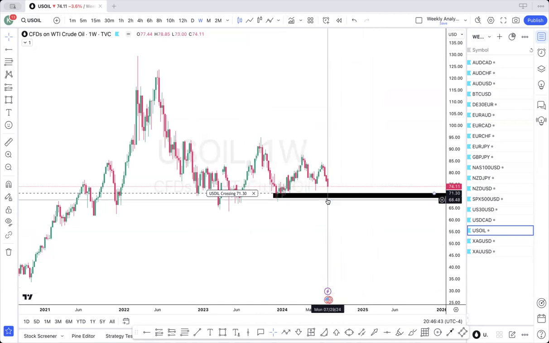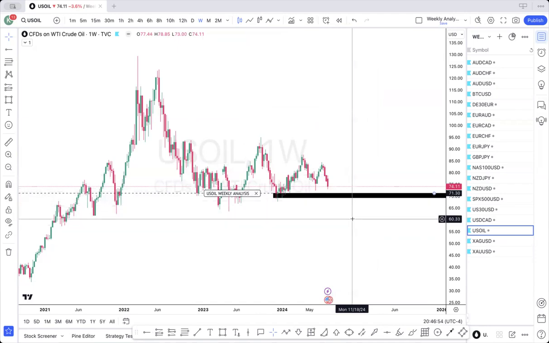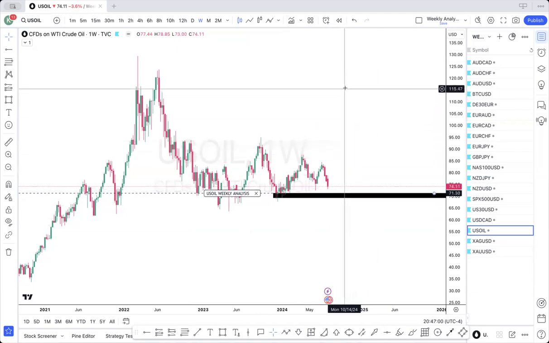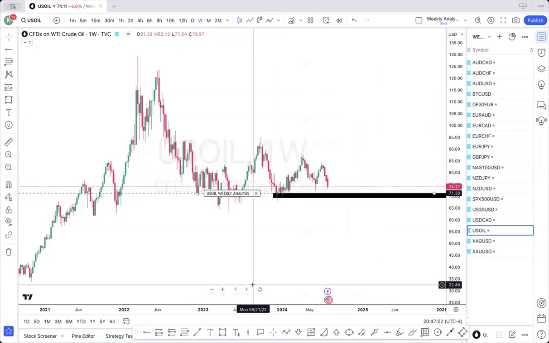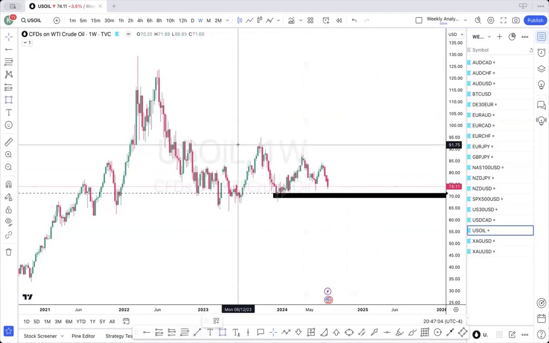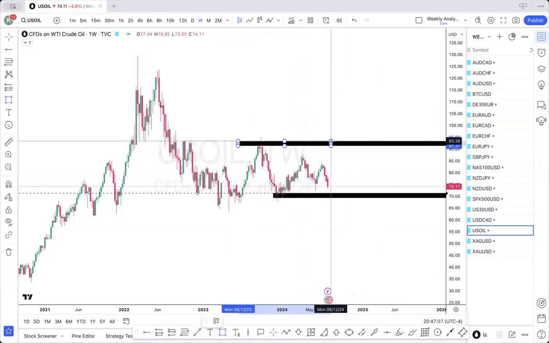Once price gets back to this zone, then I will be interested in seeing what it does to then either sell it or buy it up to, well, the first zone for me would be here. Buy it up to this zone.